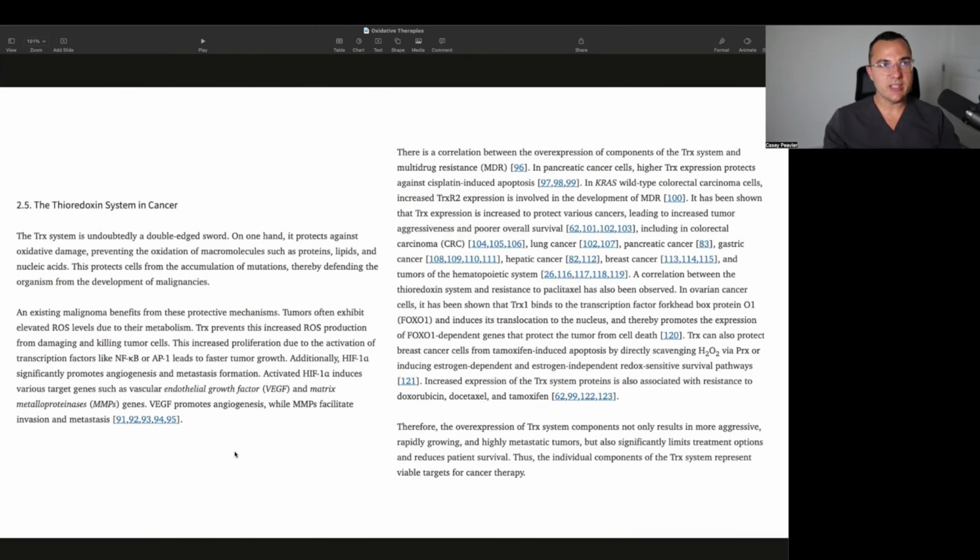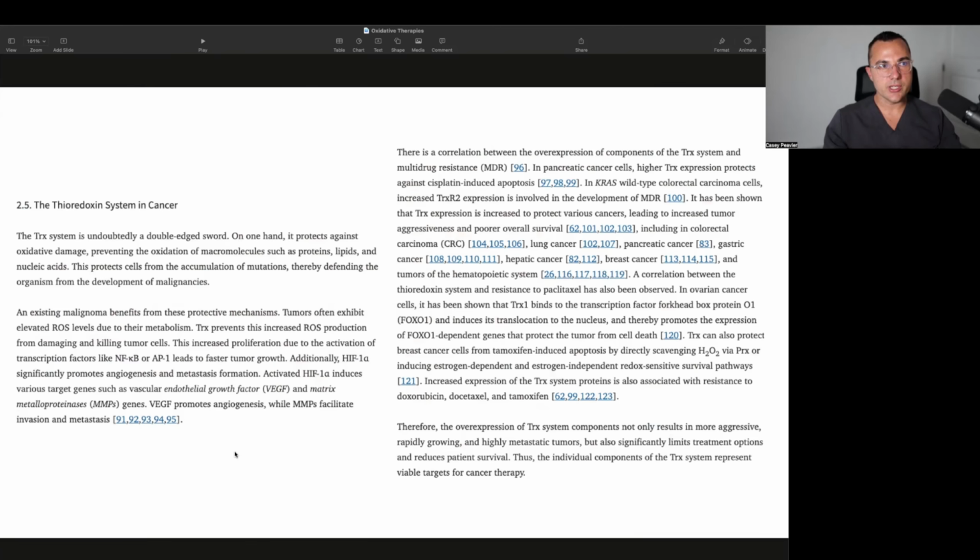It has been shown that TRX expression is increased to protect various cancers, leading to increased tumor aggressiveness and poorer overall survival, including in colorectal carcinoma, CRC, lung cancer, pancreatic cancer, gastric cancer, hepatic cancer, breast cancer, and tumors of the hematopoietic system, basically lymphomas, leukemias, etc. I would dare say that this is in play for all cancers, given there are such diverse ones listed here. A correlation between the thioredoxin system and resistance to paclitaxel has also been observed.